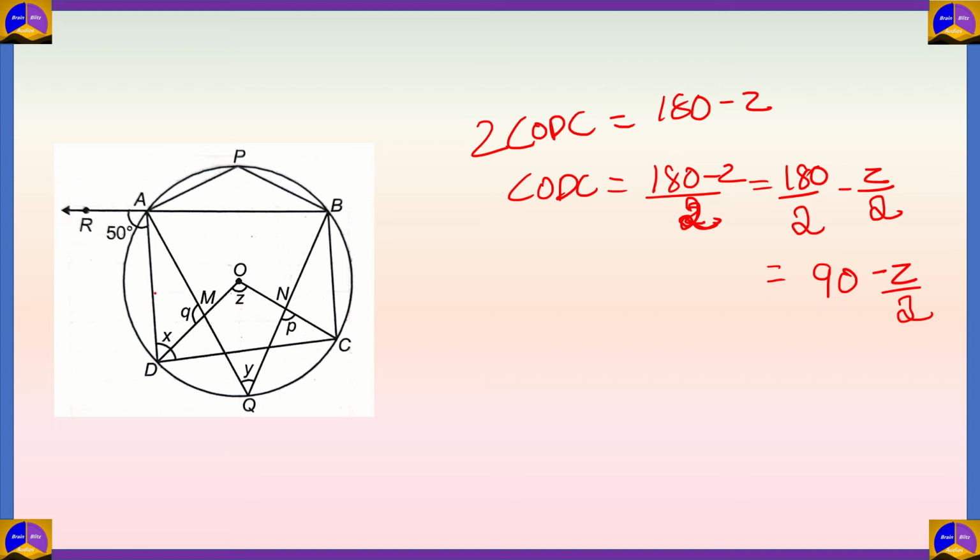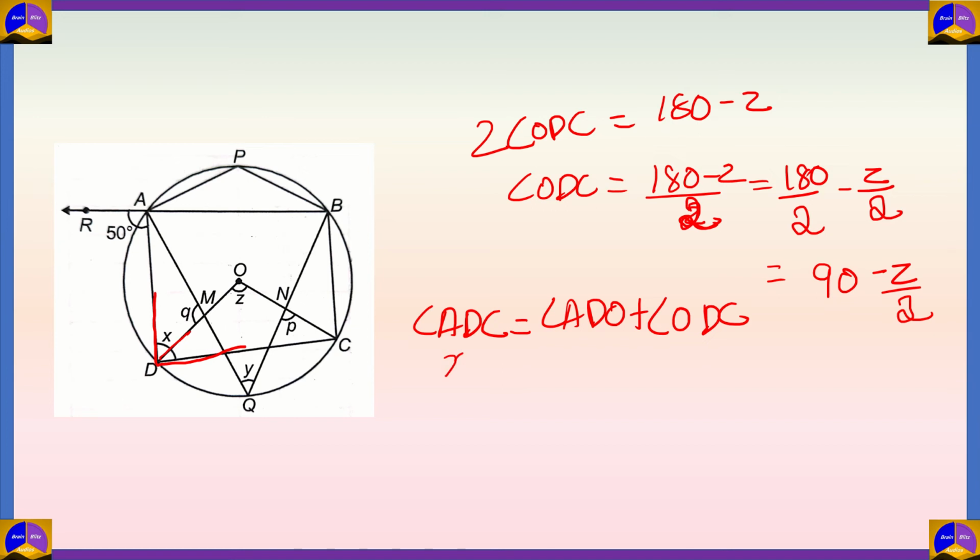Now let's look at this angle, because this is somewhat in the same area as angle ODC. So angle ADC consists of angle ADO and angle ODC. Now ADC is given as X in this figure.